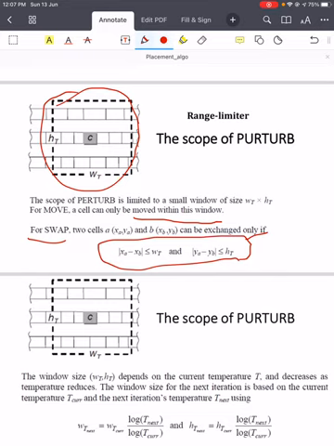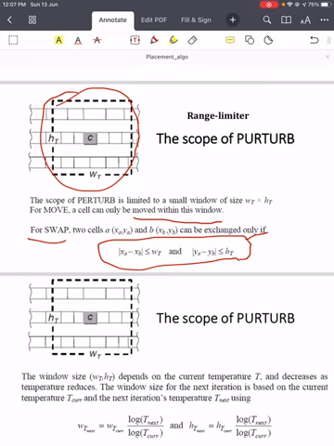Now this size of the window is not constant. That's why we are calling this WT and HT, and this T is in the suffix, right? So the size of the window is a function of the parameter T, or temperature parameter.